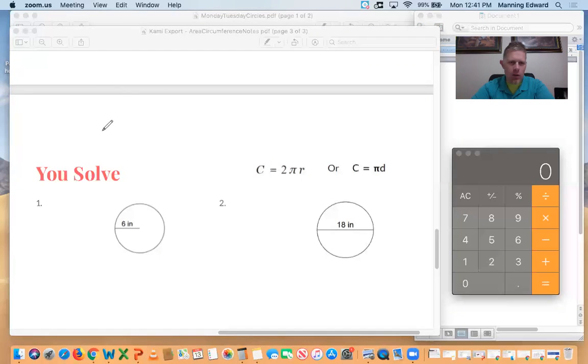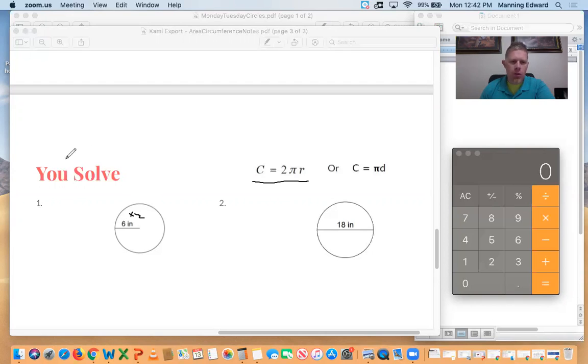All right, now we got a man. So we got circumference. I'm obviously going to use this one right here because it gave me the radius. Now you can probably do it in your head and just figure, well, I know the diameter. That's just 6 times 2, which would be 12.